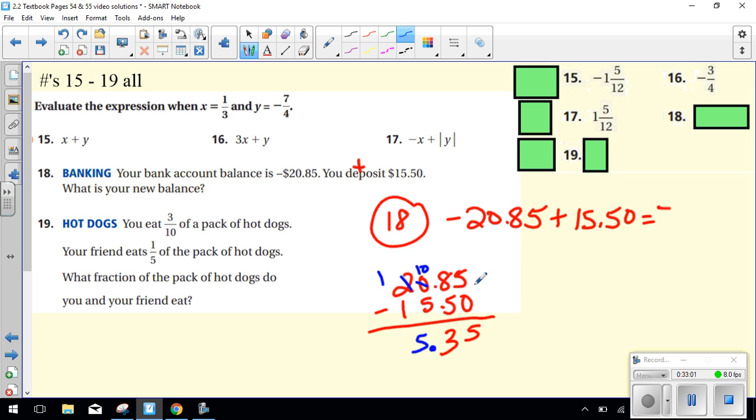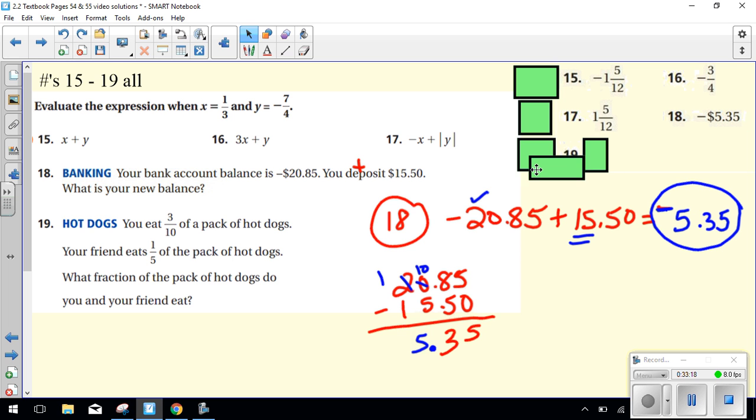And 20 has a bigger absolute value than 15, so we got our negative sign here. So we still owe $5.35, my new balance. Okay, $5.35. I'll be moving on to number 19, so please pause if you need any part of this.